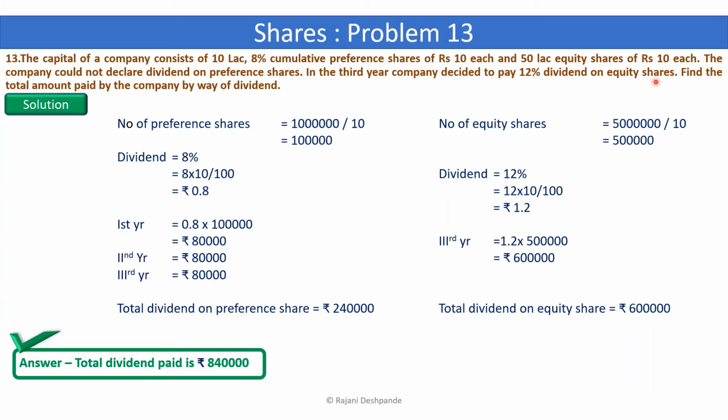Whereas in case of equity shares, if the company could not pay the 12% dividend in previous years, that doesn't get added. The company pays only for the current year, which is equal to 6 lakh rupees. So a total amount of 8,40,000 rupees is paid as a dividend to the shareholders by the company.